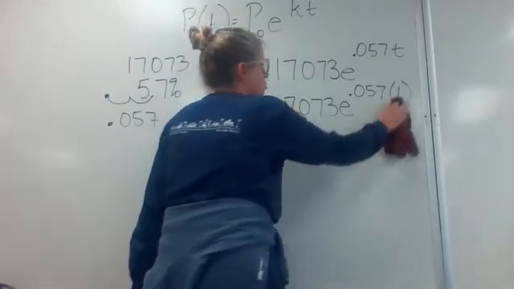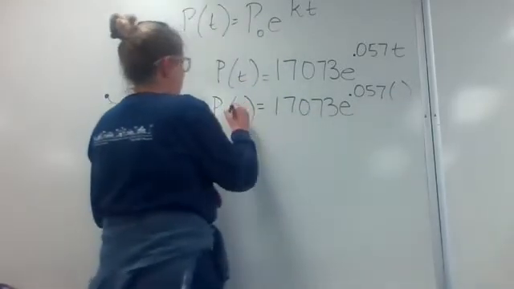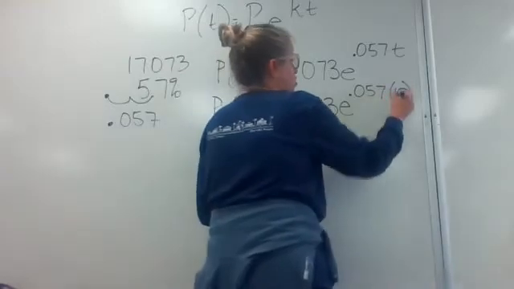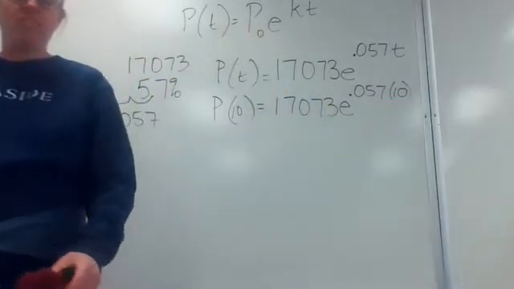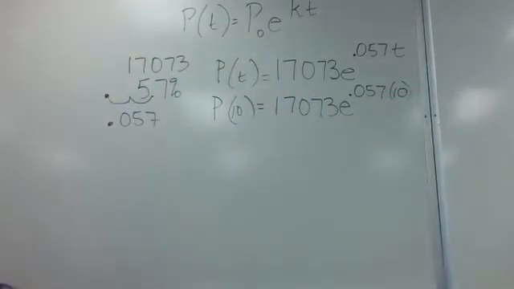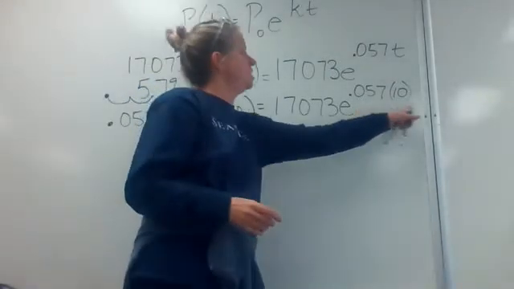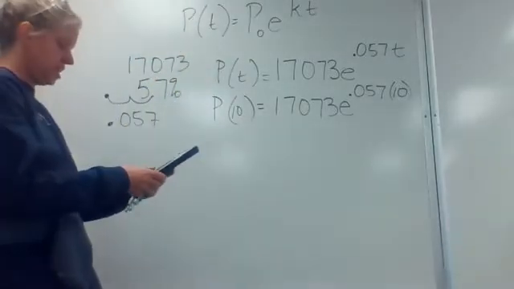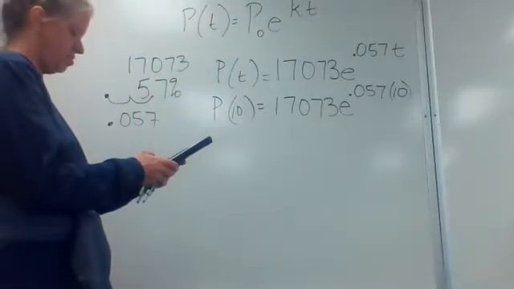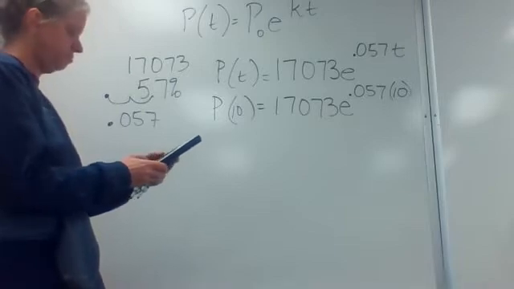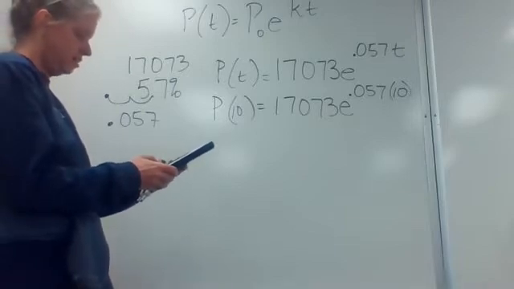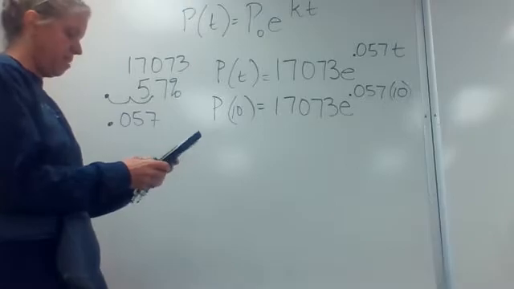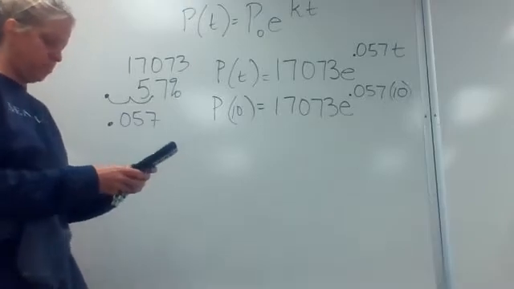So again, all you're doing every time is replacing the T with the number of years, and then putting it in your calculator. So again, exactly this in your calculator: 17,073 E to the 0.057, open parentheses 10, close.